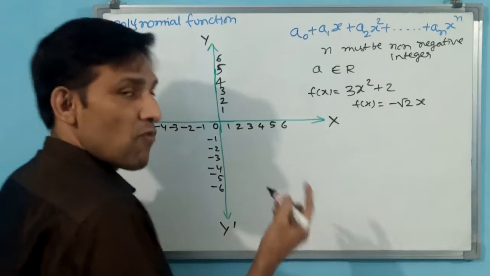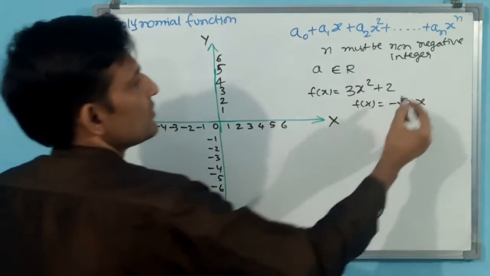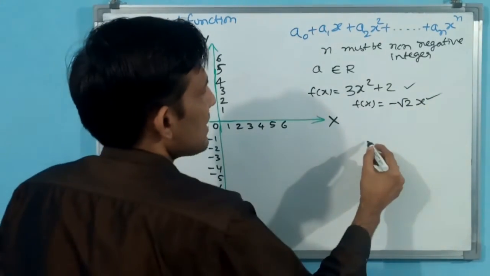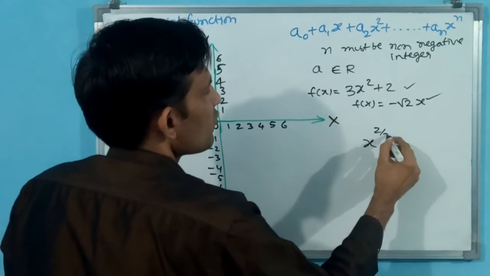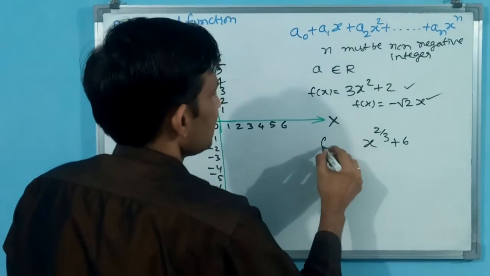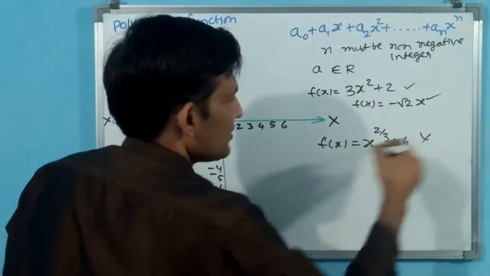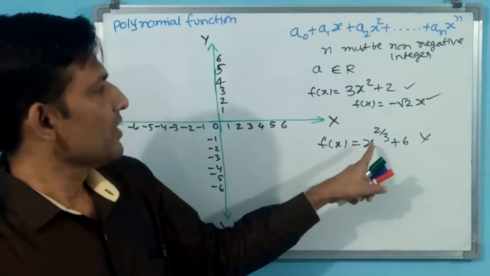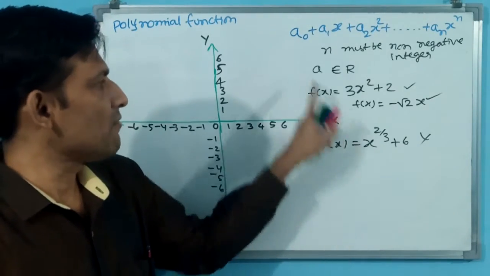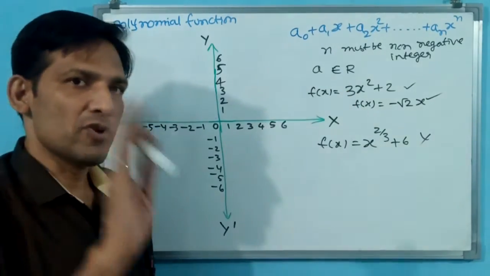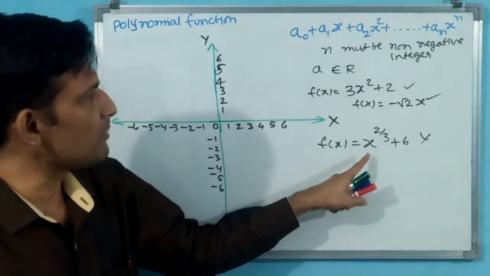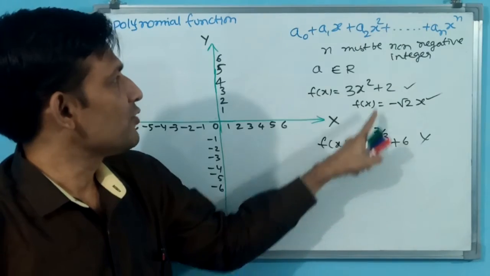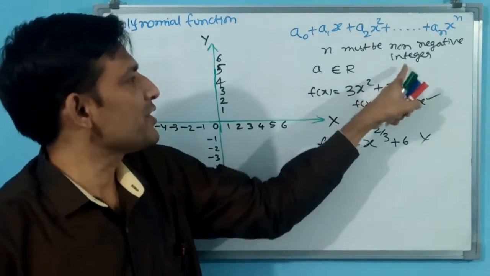What is not a polynomial function? These are polynomial functions; now I am showing you what is not. x^(2/3) + 6. This is not a polynomial function. Why? Because here a1 is a real number only, so that condition is okay. But what about the condition on x, the power n should be a non-negative integer.